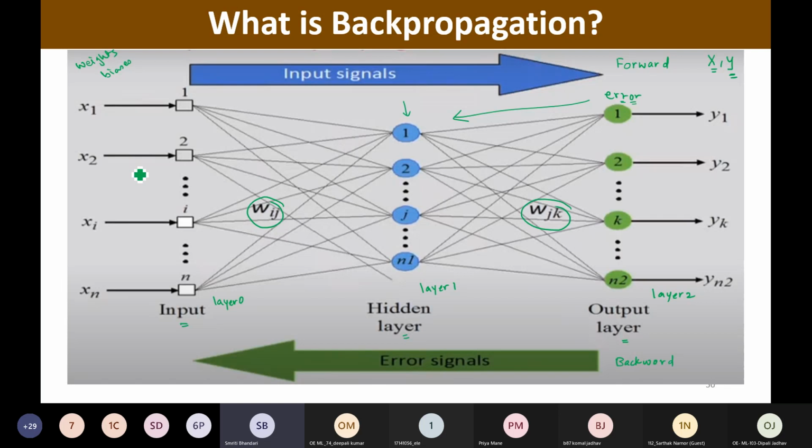Initially, whenever I present a training sample, I compute the error. That error gets back propagated to the intermediate layers, right? And if that error is not minimum, then we are supposed to modify our initial weights.